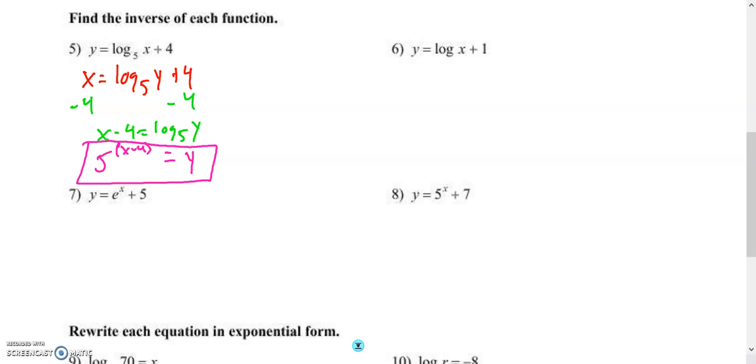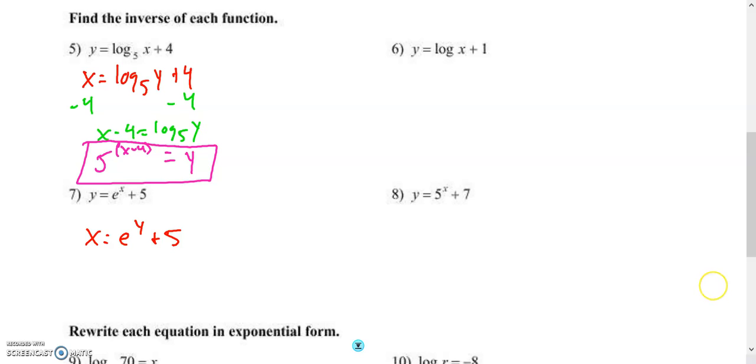Awesome. Okay. So, let's take a look at number 7, shall we? We're going to replace x and y like we did in the first example. So we have x is equal to e to the y plus 5. Okay?